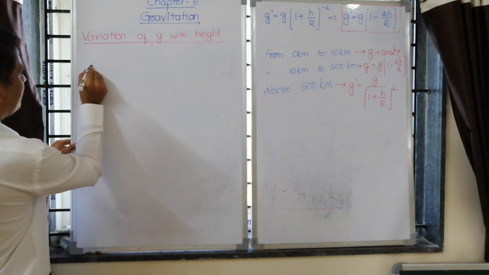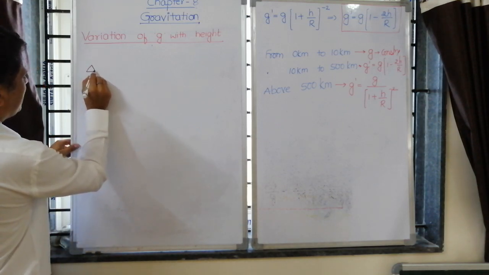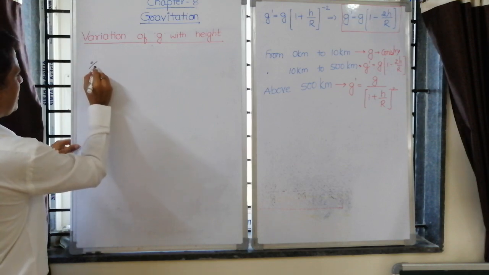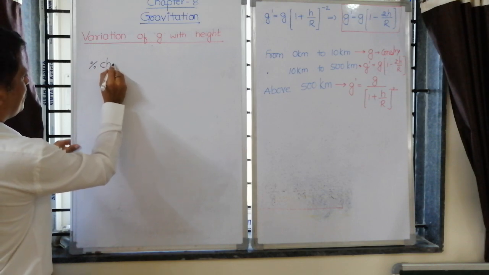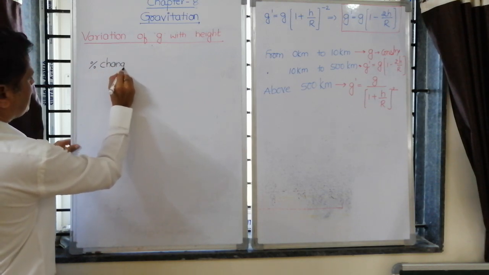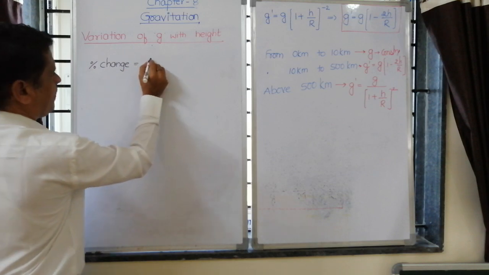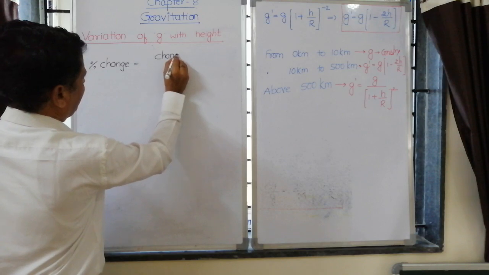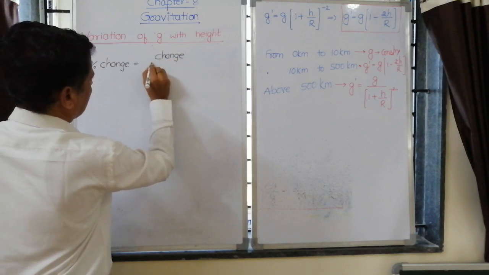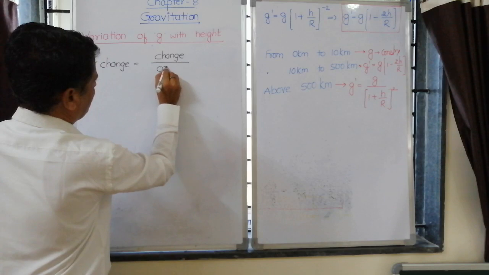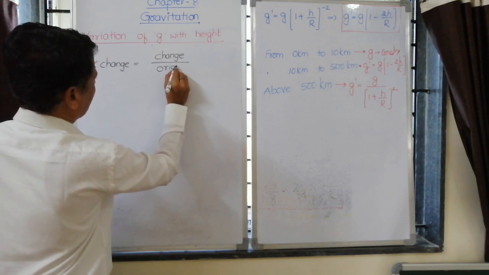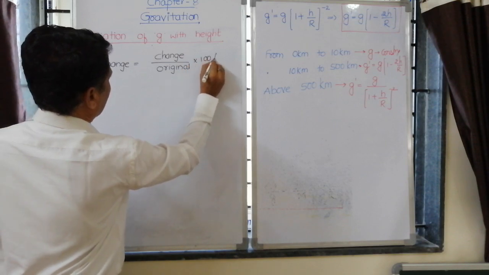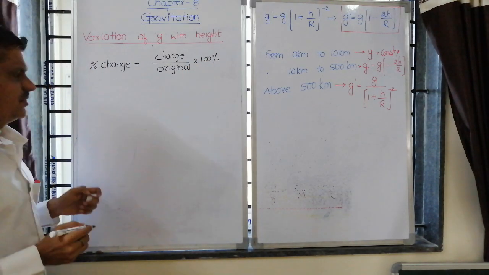Not only here, in general formula, remember, percentage change can be written as change in the value, usually we take final minus initial, change divided by original, multiplied by 100 will give you percentage change.